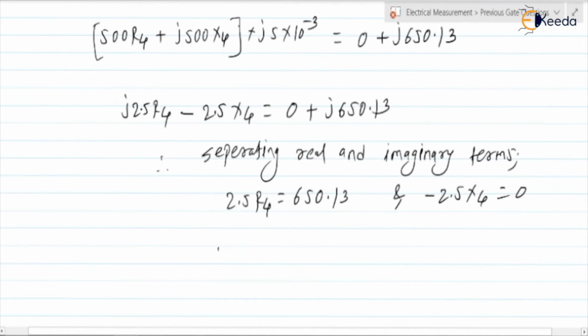So from this we can write R4 is equal to 650.13 divided by 2.5, so it is 260.